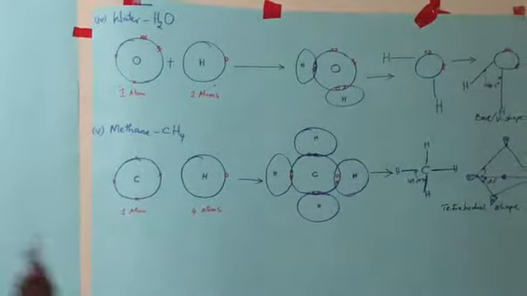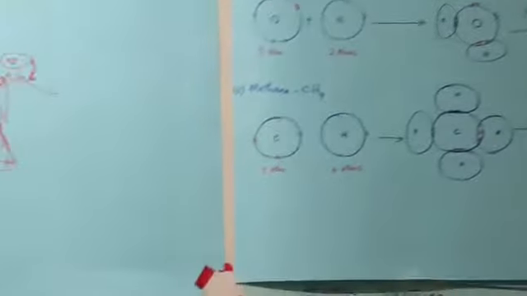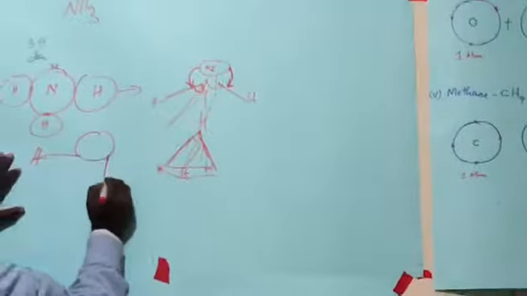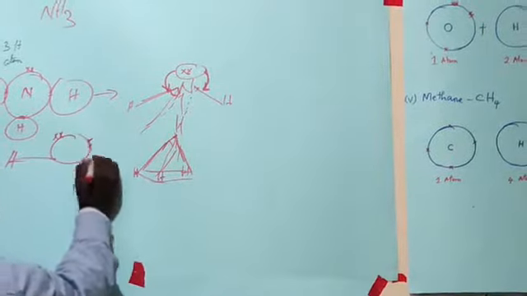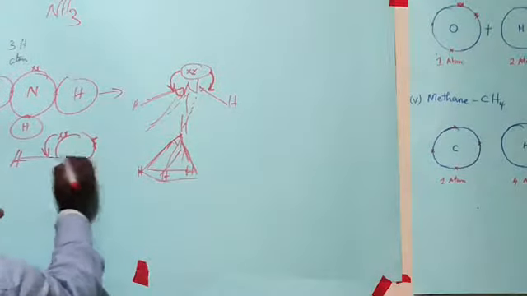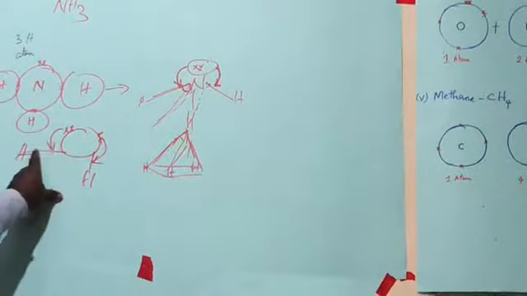When it is bonded together like this, this is oxygen and this is hydrogen. This is a lone pair of electrons, and this is a lone pair of electrons. Now, this is going to push this, and this is also going to push this one. This lone pair of electrons is going to be pushing this one.